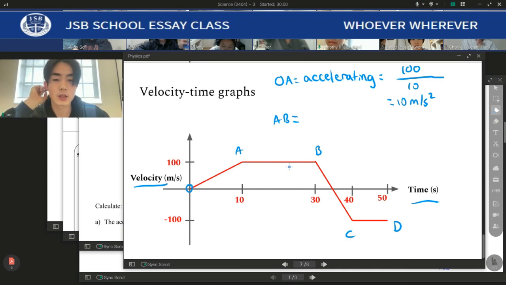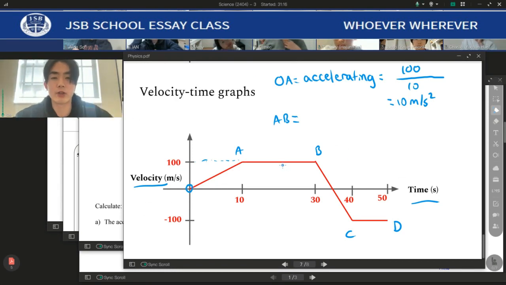How do we know it's moving? Because the time is flowing in here. Yeah, and the velocity is 100, going on. Good. So even if it's flat, the car is moving.